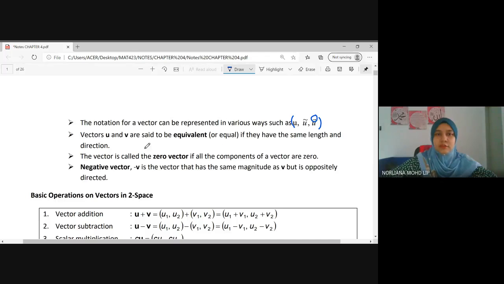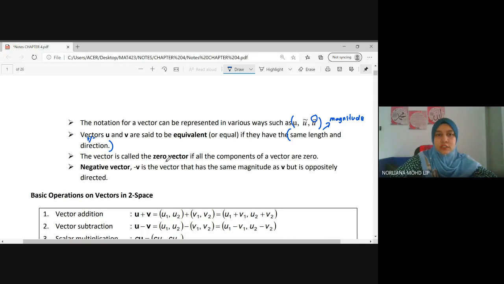Vectors u and v are said to be equivalent if they have the same length and direction. Length we also call the magnitude of a vector. And direction is either positive or negative direction.